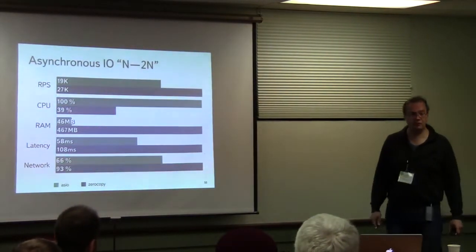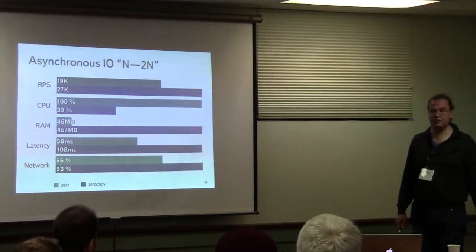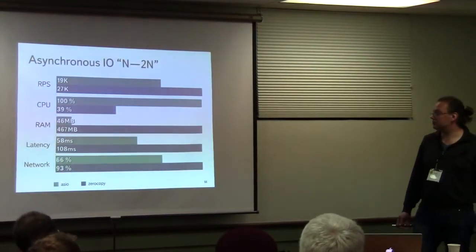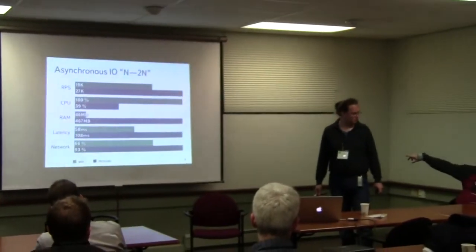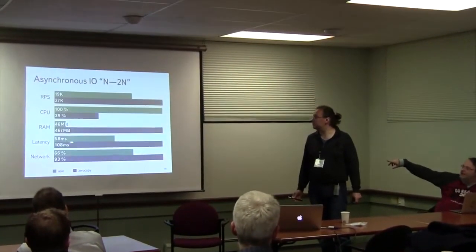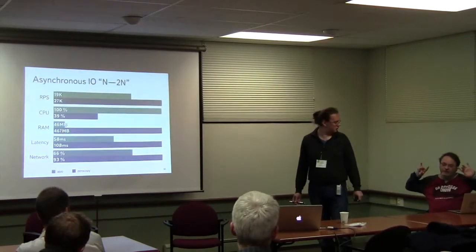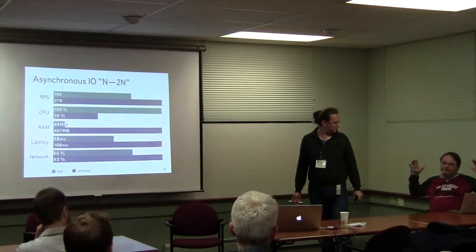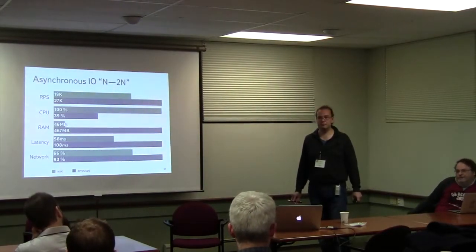I think it's a chain of events. First of all, we're limited by the network interface here, so the latency is high. As latency is high, more connections live at one time, and they hold more memory.